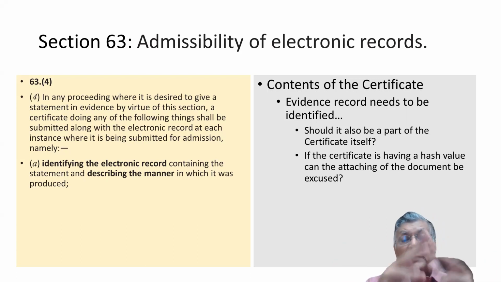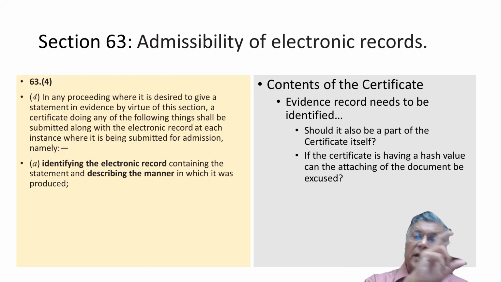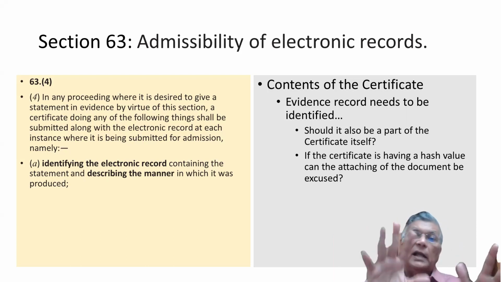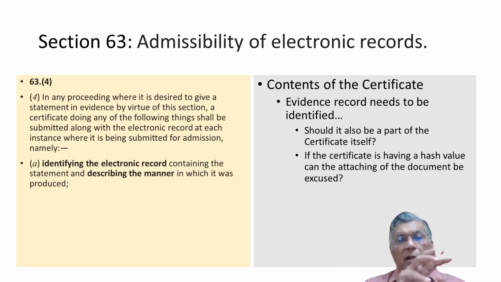Now, how do we calculate the hash value for that message? I have to cut and paste that particular message into a text document and then calculate the hash value. When I cut and paste it in text document, I may lose formatting. Okay, I may lose coloring of the fonts, etc. So that is not a proper reproduction. So what I have to do, I have to take a screenshot.